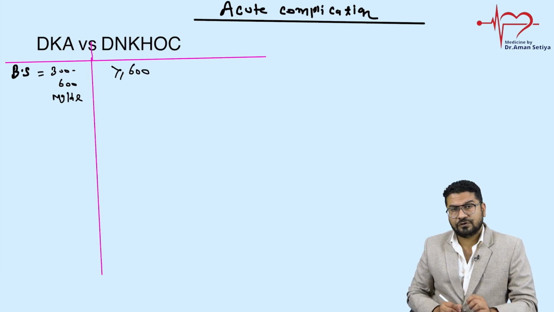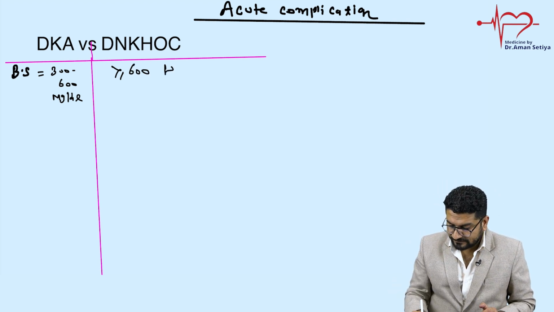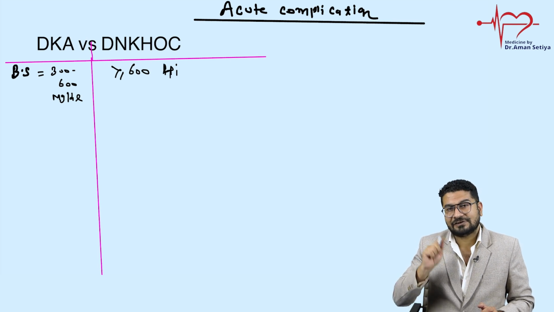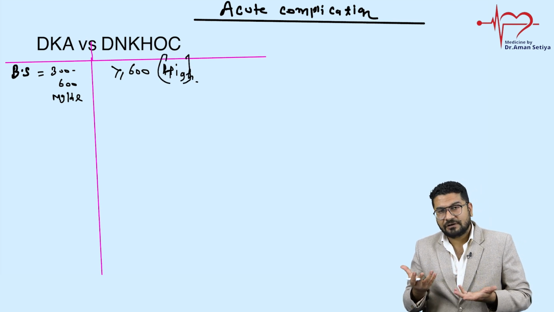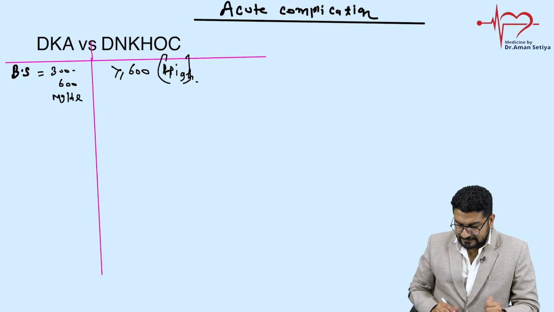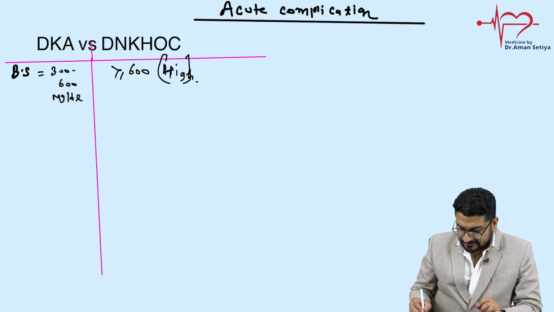Sometimes glucometers cannot interpret the higher readings, so they will show HI, which means high; glucometers cannot read beyond this.